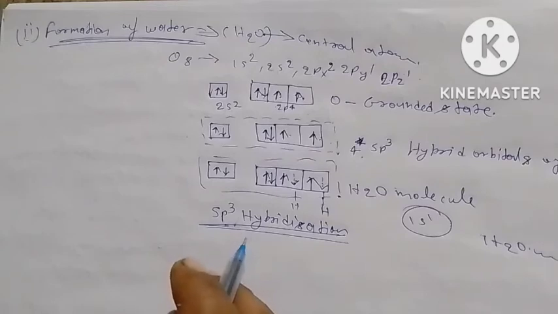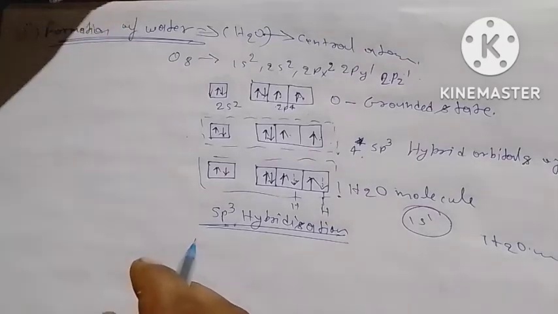These 4 hybrid orbitals are distributed tetrahedrally.